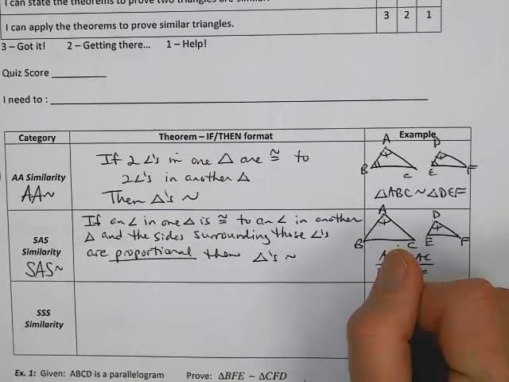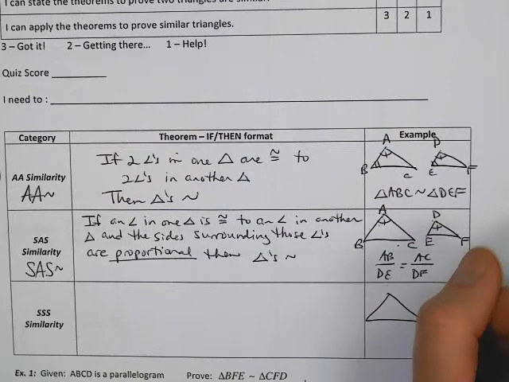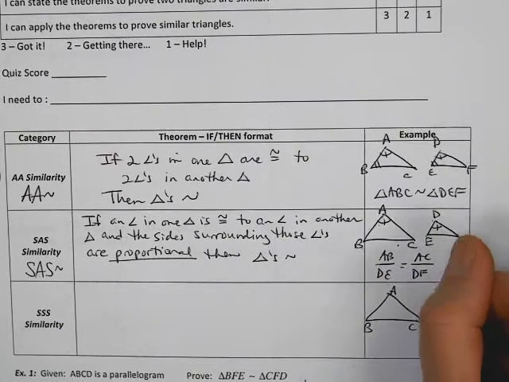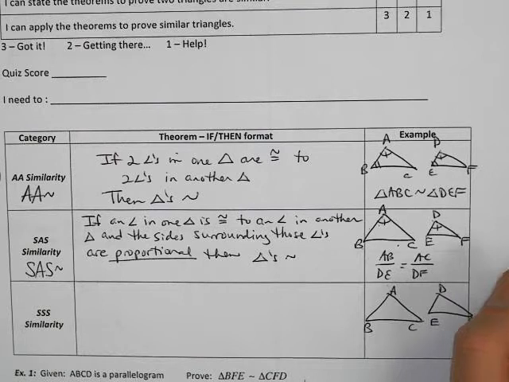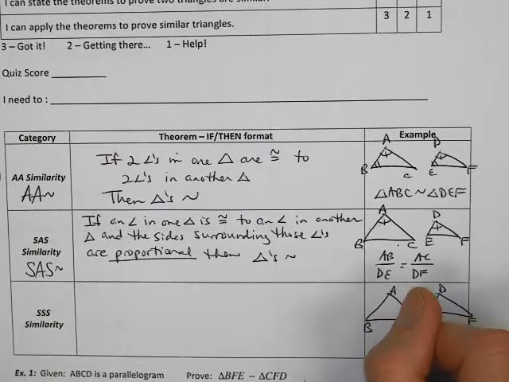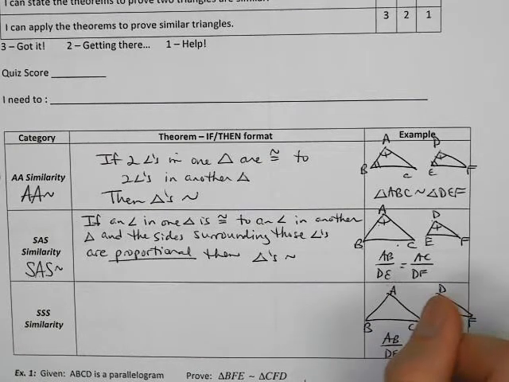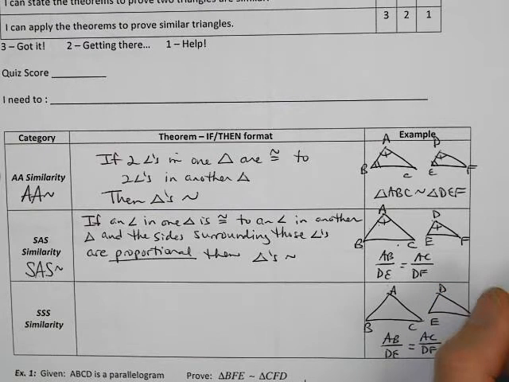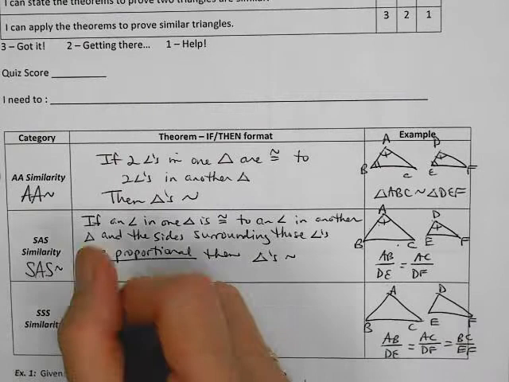So here, side, side, side similarity, right? You can now guess how this one might work. This is all about the sides, so I need all three sides proportional. I'd have to have AB is to DE, as AC is to DF, as BC is to EF. I would have to have all of those proportional.